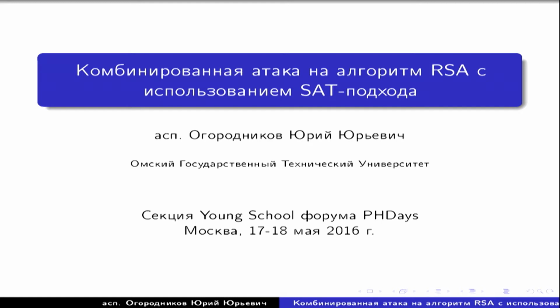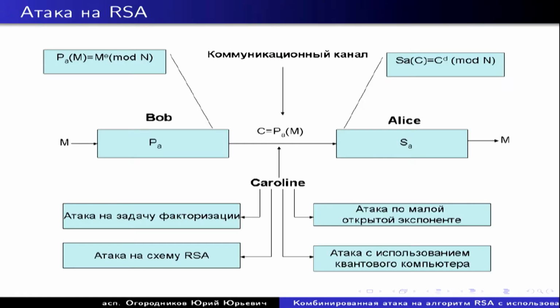RSA algorithm is the algorithm which was developed in the last century. It became popular quite quickly. The analysts wanted to decrypt that. Let us take a look at sending an M message.